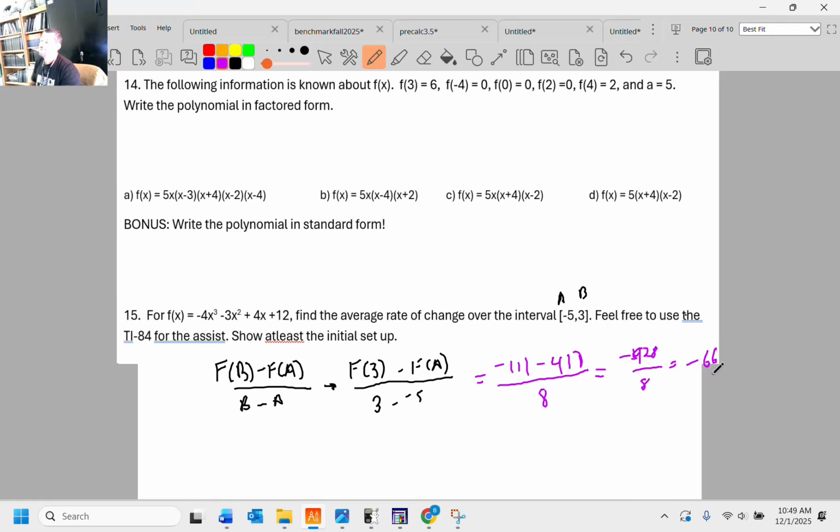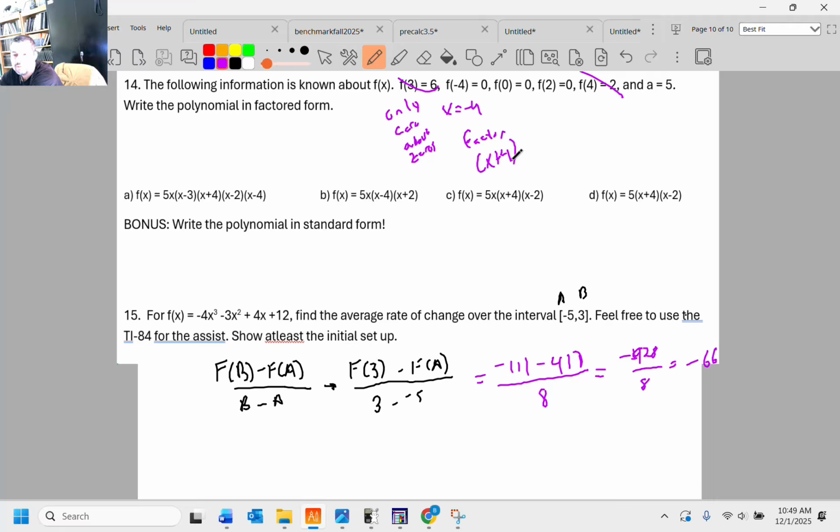The following information is known about f of x. I only care about zeros. First off, gone, gone. All I care about is zeros, plain and simple. This says x is negative 4. The factor is, I don't know why you're so thick-headed, x plus 4. You change the sign.